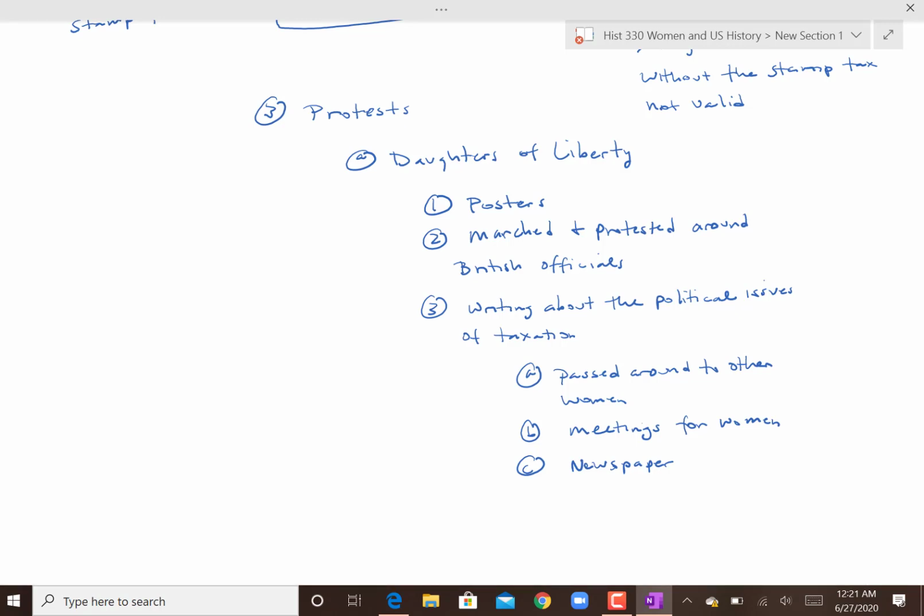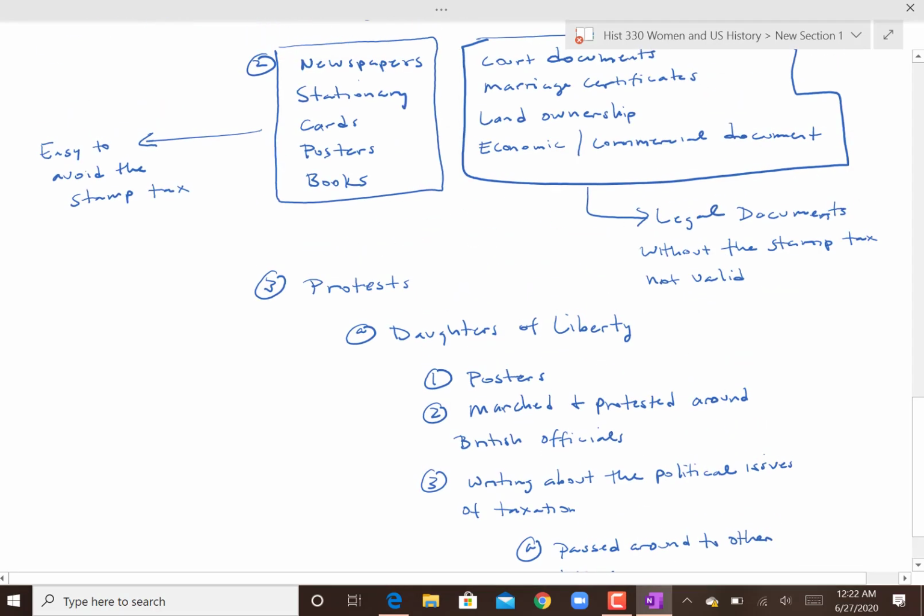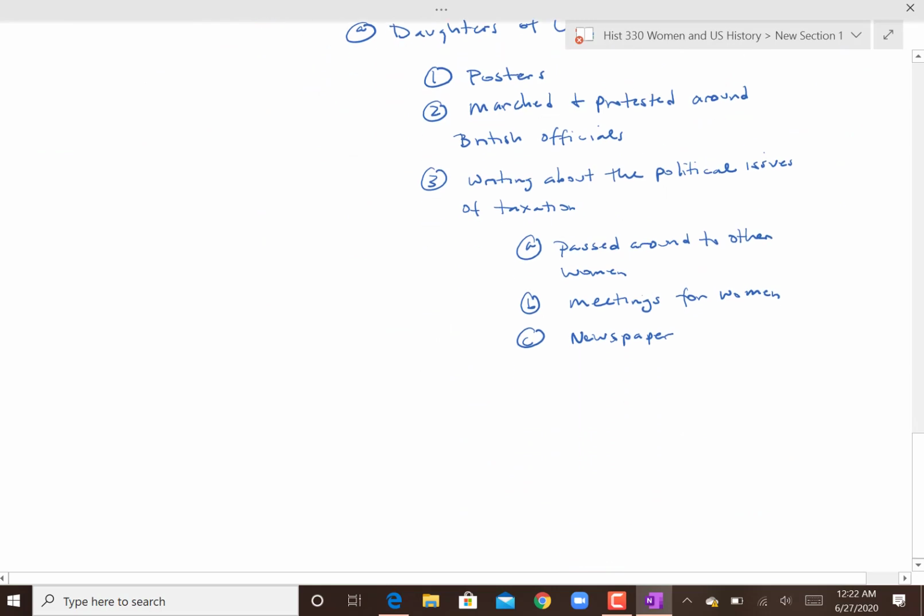So the protests, there's more formal resolutions. Virginia created their own resolution to send to the king, but the protests and demonstrations were important, and women were involved from the start, and it was effective because of the consequences of the protests.